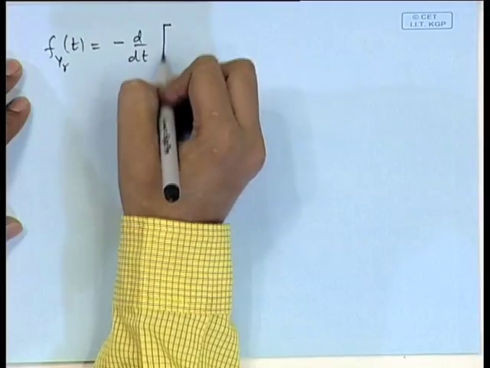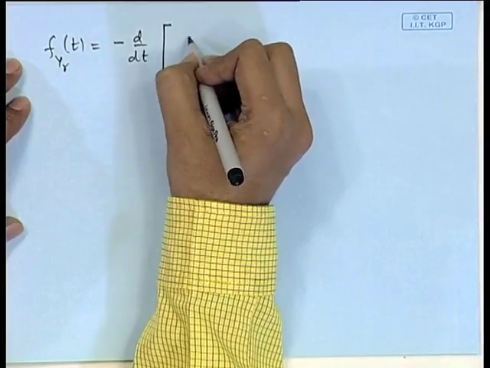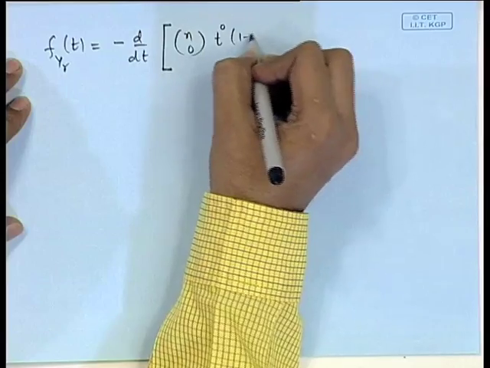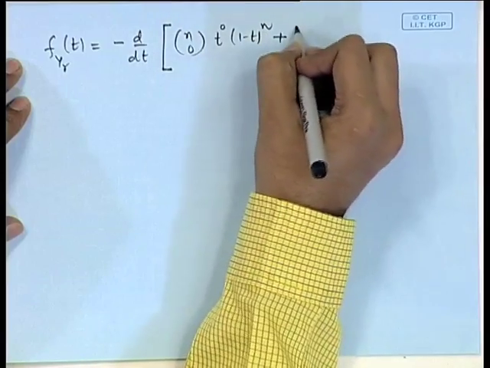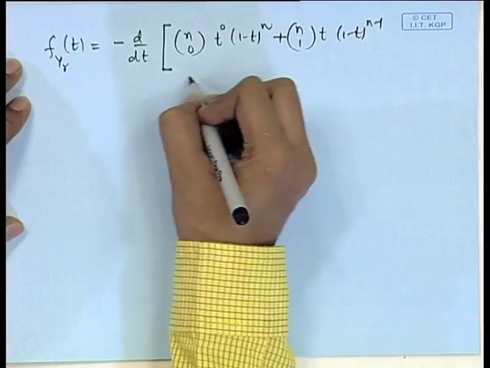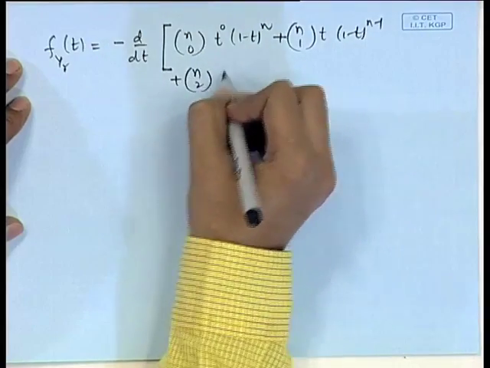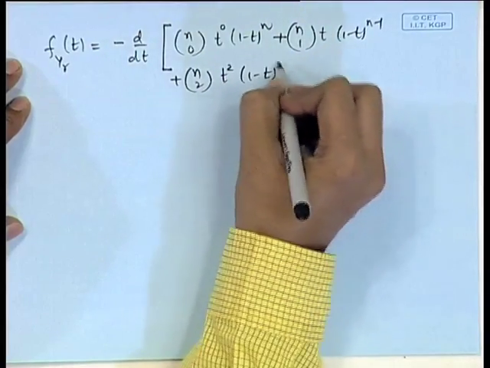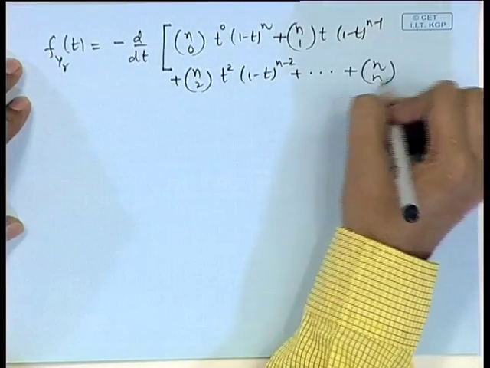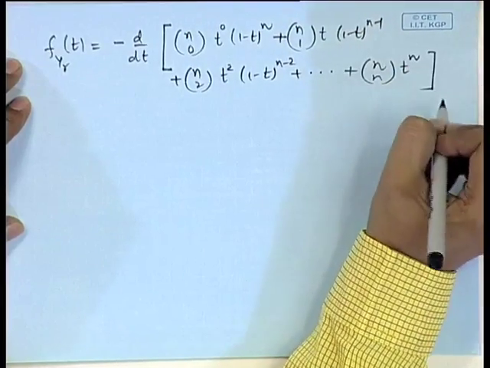Now, here we have to write down the terms. So, it is n c 0 t to the power 0, 1 minus t to the power n, plus n c 1 t, 1 minus t to the power n minus 1, plus n c 2 t square, 1 minus t to the power n minus 2, and so on, plus n c n t to the power n.